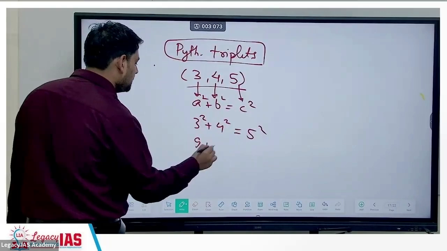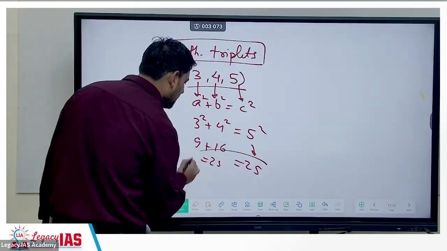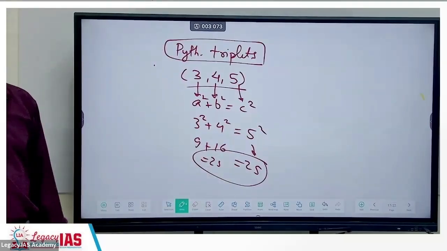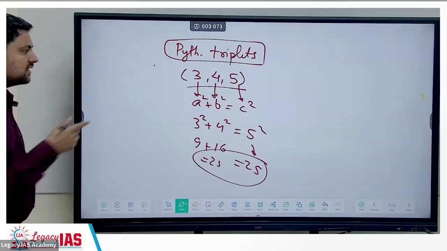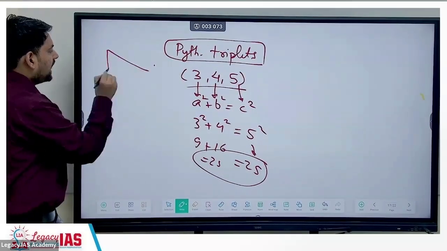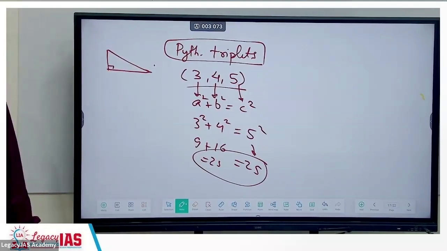So 9 plus 16 is equal to 25. This also is 25. Both are equal, so they form a triplet. Understood? What do you mean by triplet? It means these three lengths can be the lengths of sides of a right triangle. Any random three distances you take cannot form a right triangle.